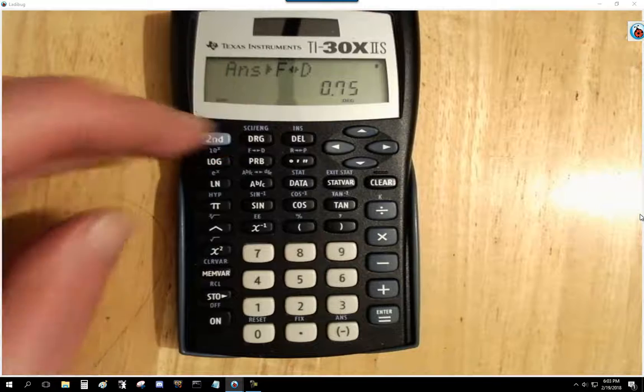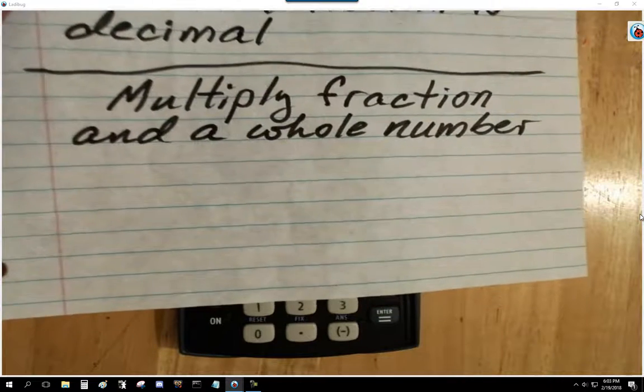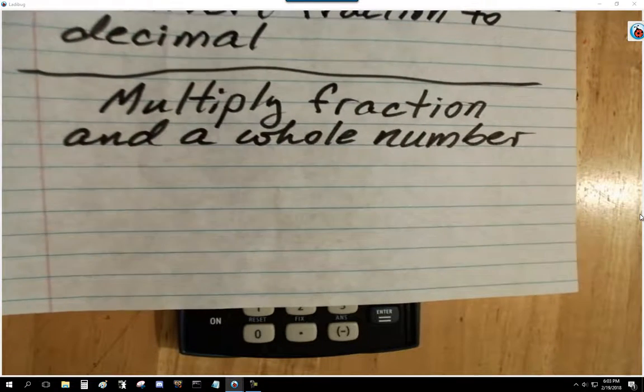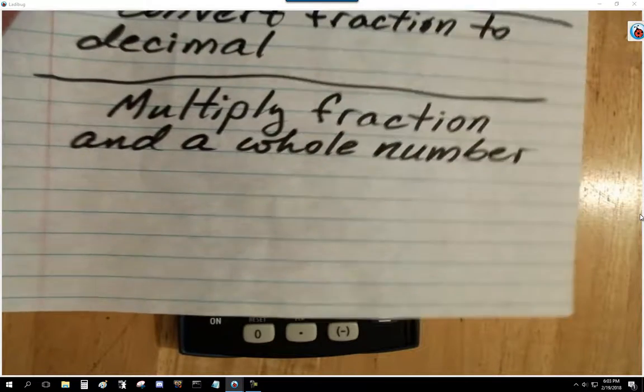Finally, I want to show how to multiply a fraction and a whole number. Let's say you want to multiply 2/3 times 7.